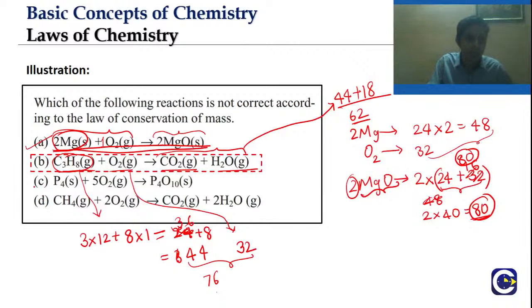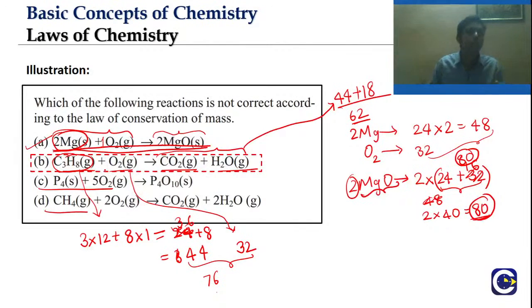Whereas the first reaction obeys it. Clear? This is the basic thing by which we got balancing of an equation.